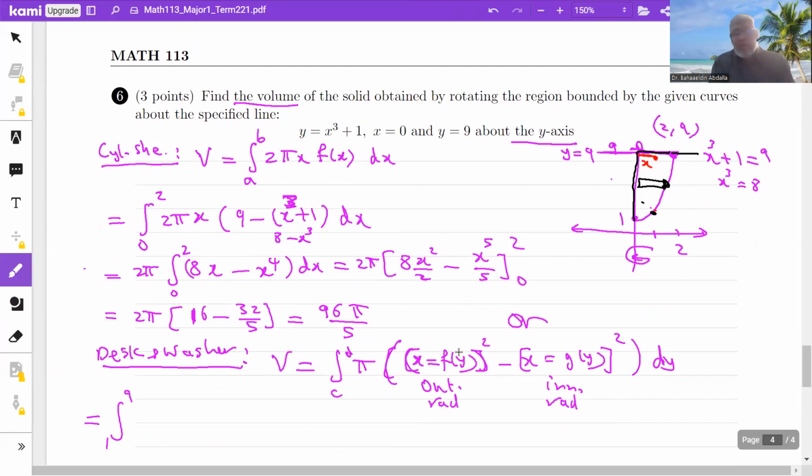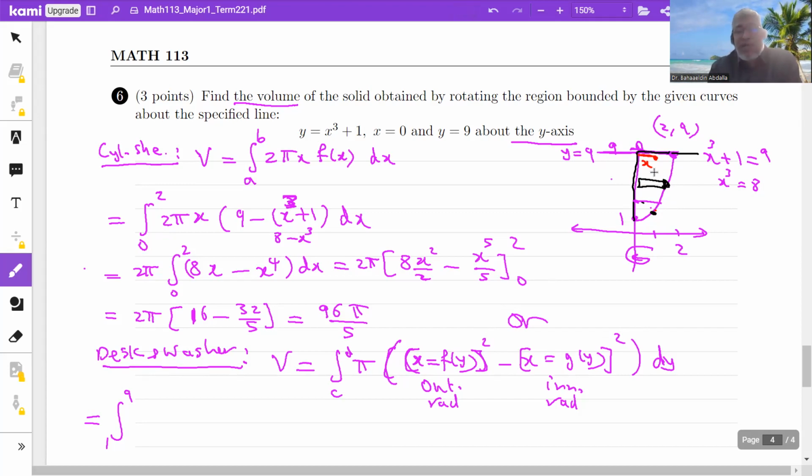And the outer radius, you start at the axis of rotation and go to the curve. There is no outer and inner here. I considered the general case, but here you can just use one curve. So it's pi times radius squared dy, because it's a disk, in fact, not a washer in this case.